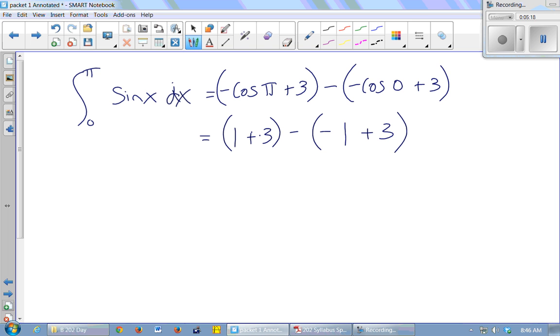Then distribute the negative. So I have 4 plus 1 minus 3, which is 2. Same thing we got when we used the constant of 0. So you can use any constant you want. Why not choose 0, right? It's the easiest one to deal with.